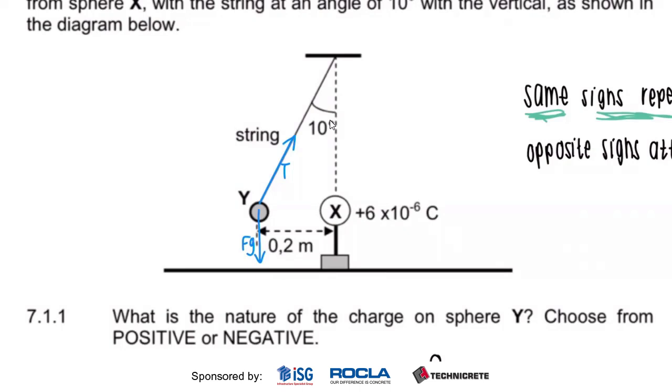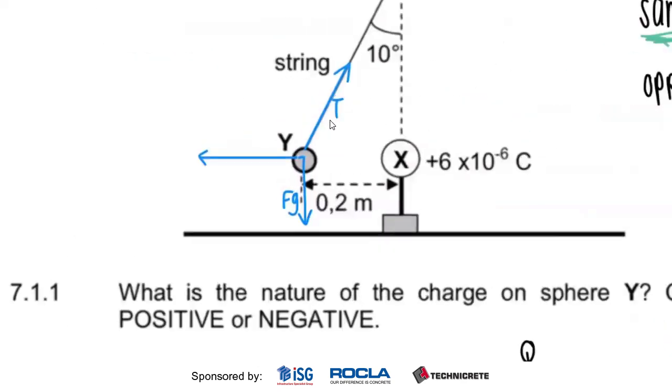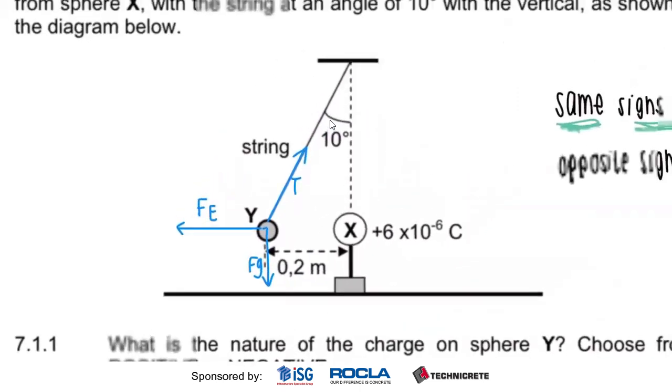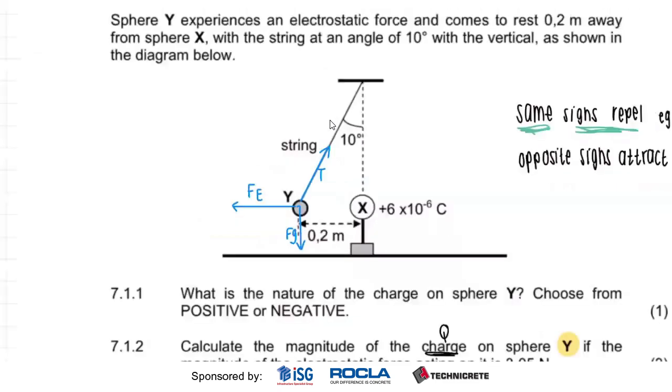And then we also know that we have the force from X, which was the electrostatic force that is pulling sphere Y towards the left, away from sphere X. And that was the electrostatic force, which we can say force electrostatic. Okay, so those are all of the forces acting on sphere Y.